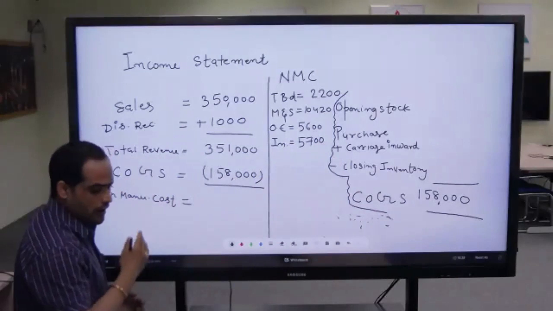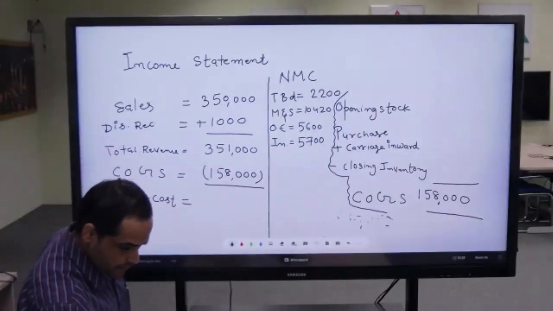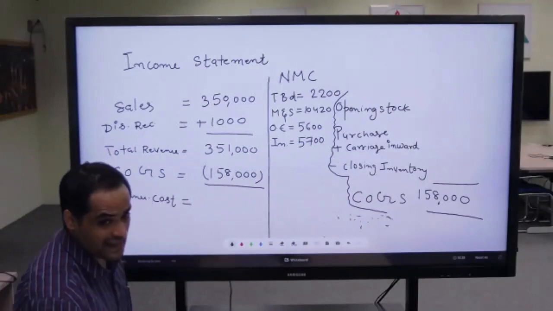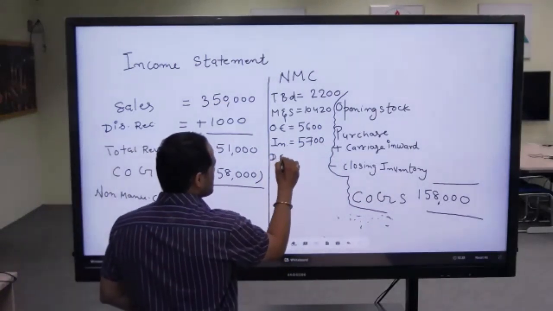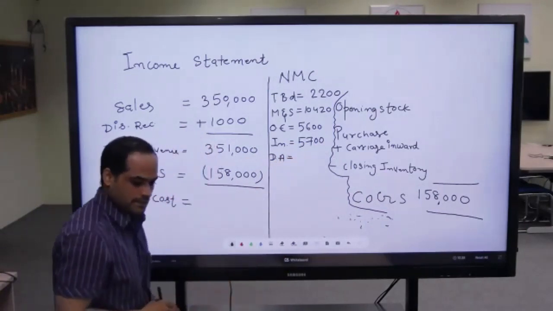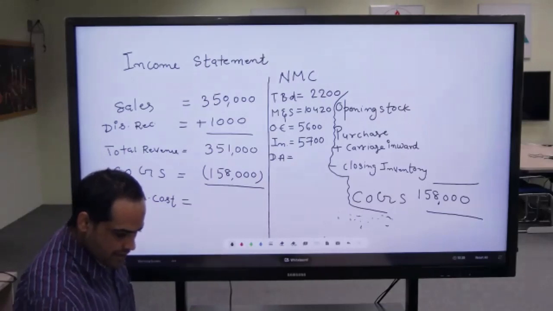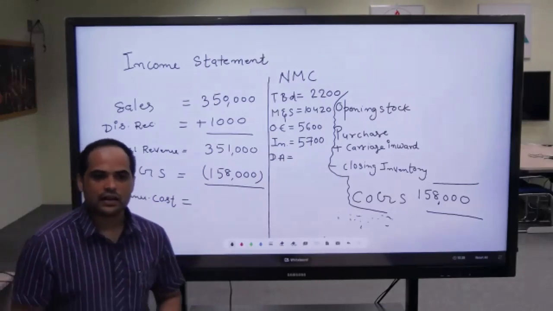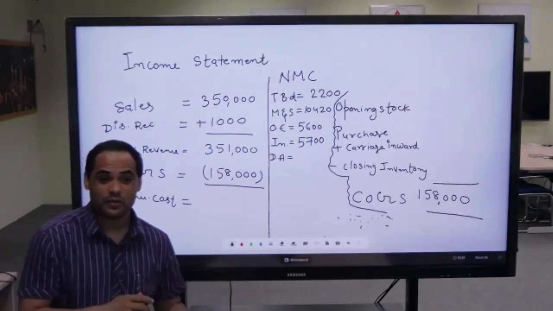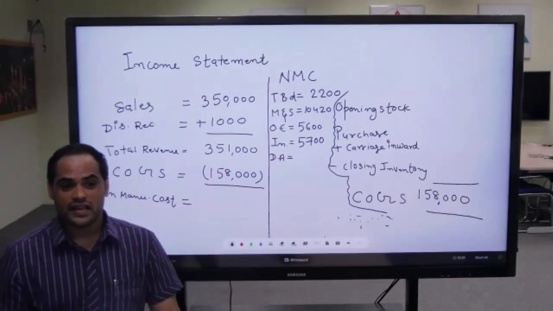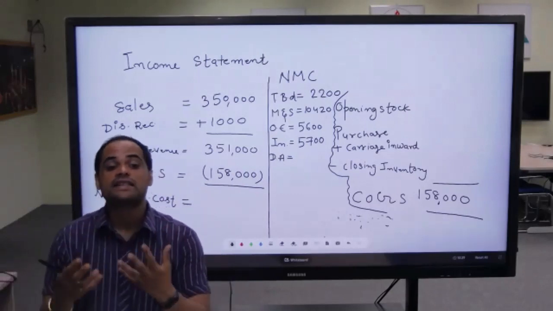After insurance, the next item is discounts allowed. How much is discounts allowed? Someone asked me about 900 as a discount. Discounts allowed means we are giving discounts.